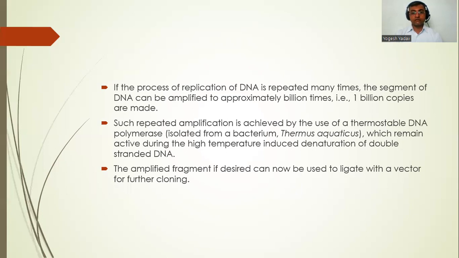So there is a specific bacterium, Thermus aquaticus, which remains at very high temperature, and its DNA polymerase is not destroyed at high temperature. For that purpose, we use Thermus aquaticus DNA polymerase, Taq polymerase.